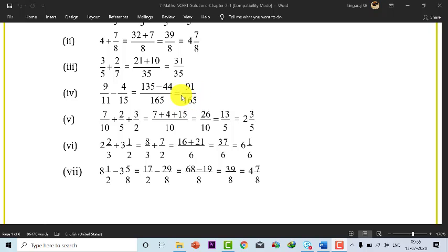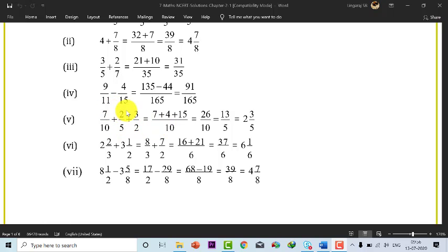Next we can solve question number 5, which is given 7 by 10 plus 2 by 5 plus 3 by 2. Here the LCM will be 10. Then we are going to multiply the numerators by those multipliers. So here 10 into 1 is equal to 10.